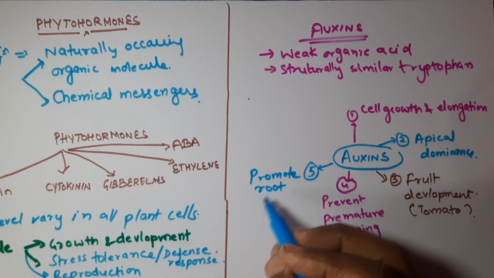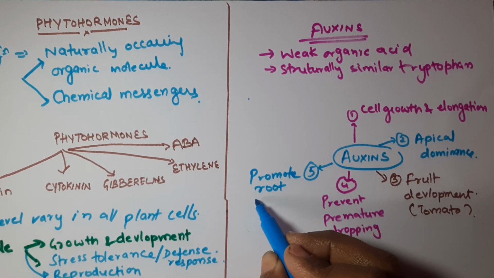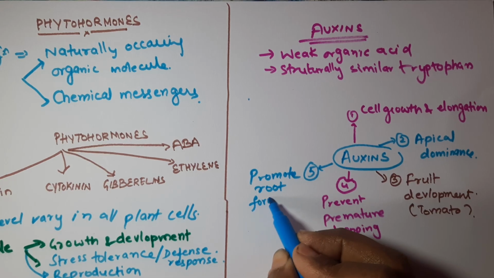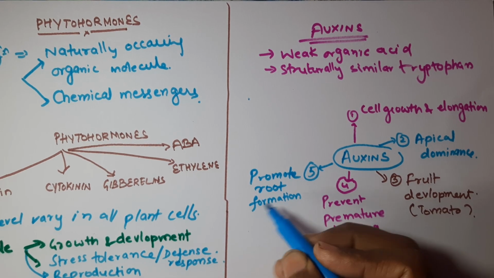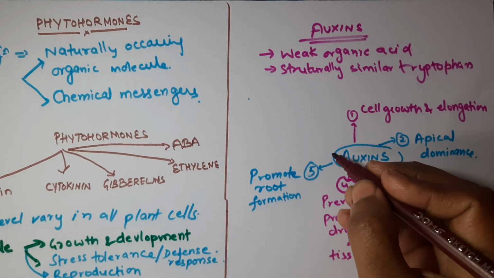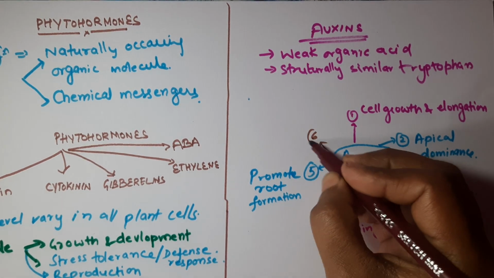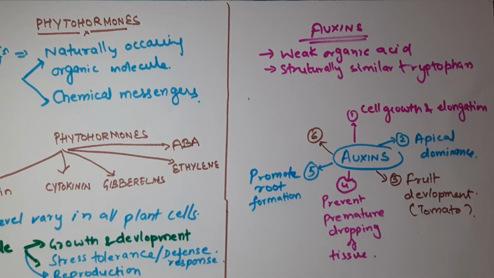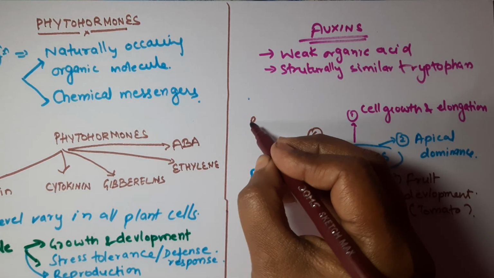Due to this root formation induced by the auxin, it is used in tissue culture to develop the root from the cut stem end, and it is also used in vegetative propagation methods. Then the seventh role is that it regulates the environmental responses of the plant.